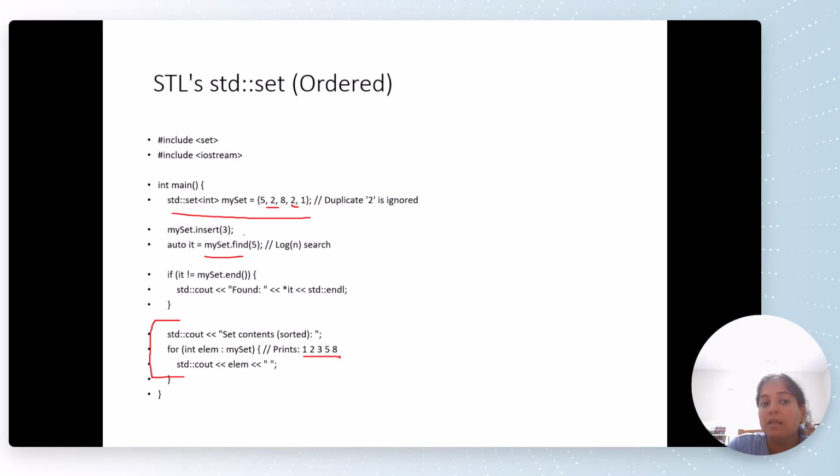So you see 2 is printed only once, not twice, and elements are printed in ascending order. We have not performed any sorting here, but it is automatically printed in sorted order. So insertion order is not maintained in a set; elements are ordered by default.